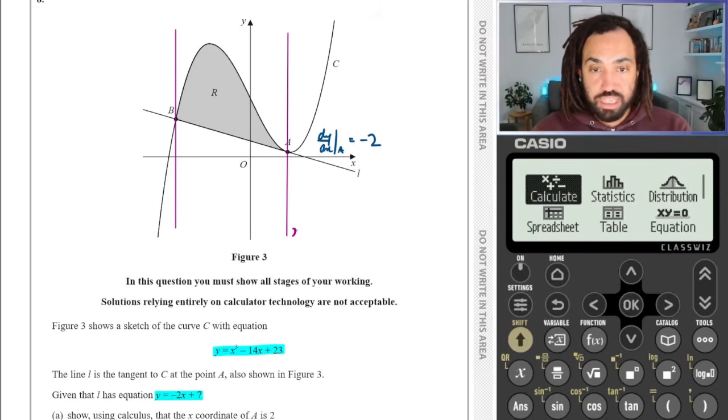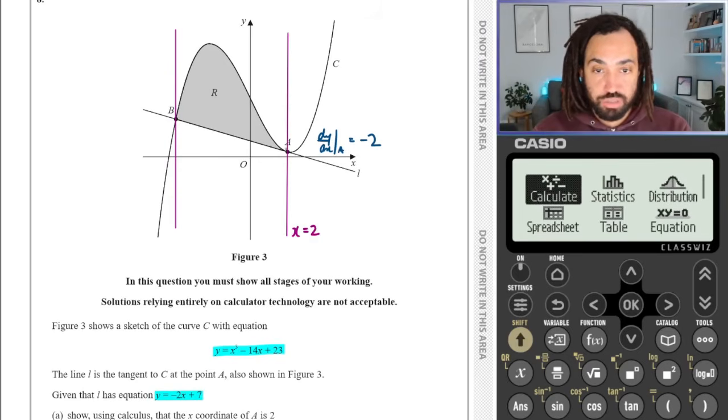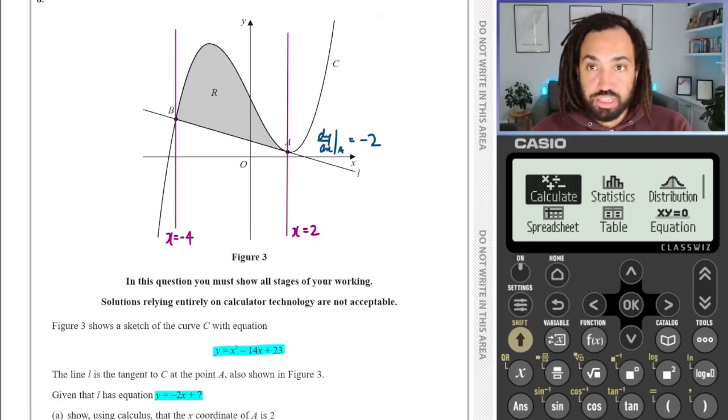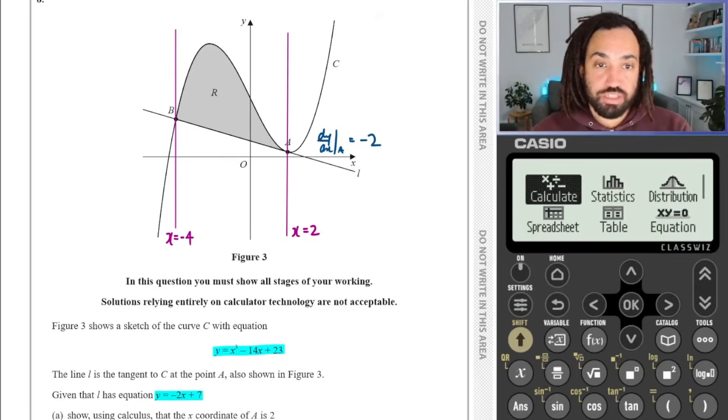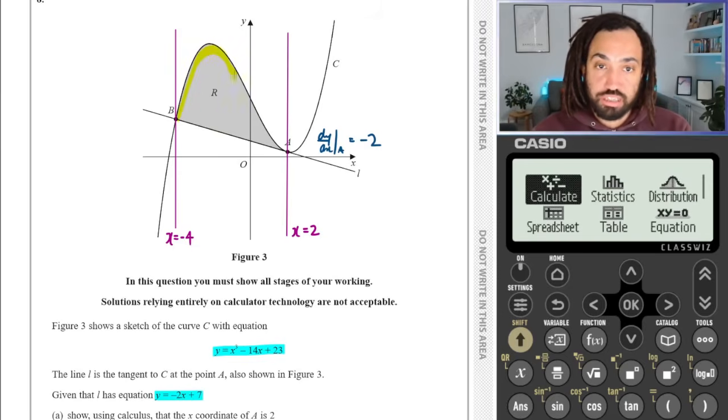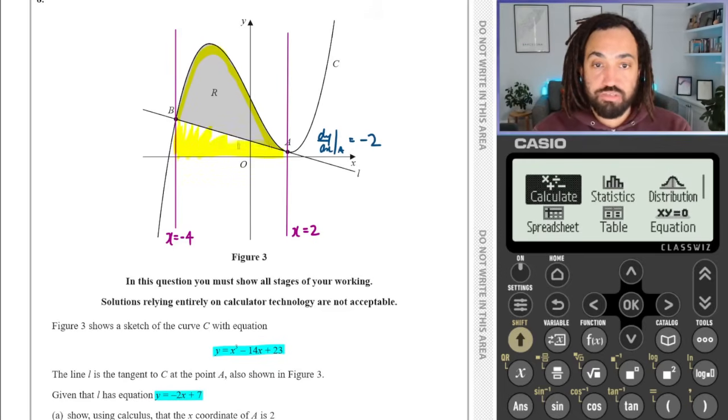Now this is x equals 2, because we know the A coordinate is 2, and this is x equals minus 4. So if we are going to integrate this curve between these two limits, we are going to get all of this region here underneath the curve. So we're going to get all of that, and we're going to get all of this as well. So just everything underneath the curve.